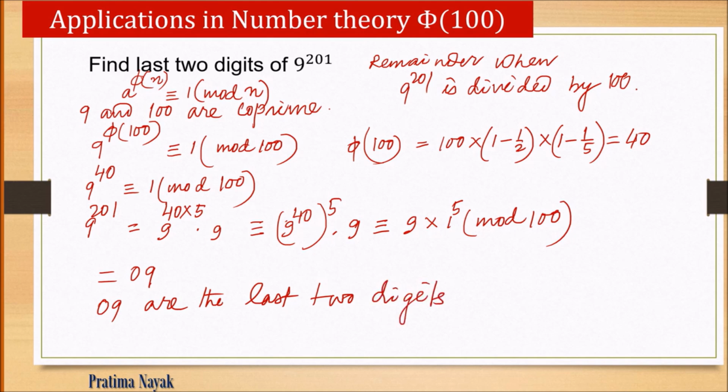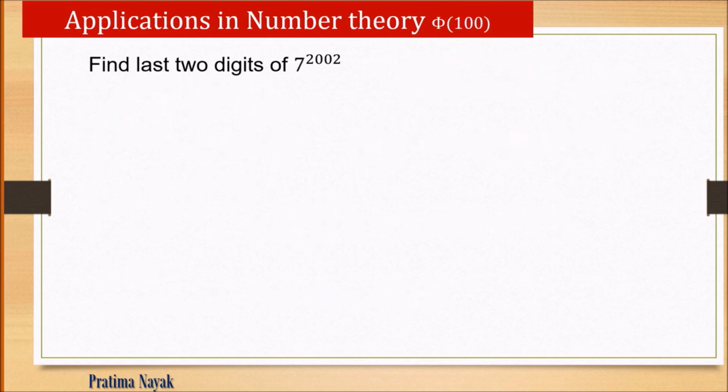Let us take another example. 7 power 2002. I have to find the last two digits. So I'll divide by 100 and find the remainder. So 7 and 100 are co-prime, or GCD is 1.